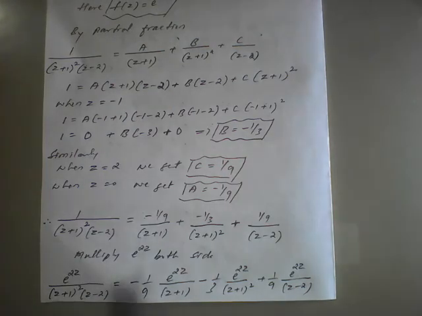We need to multiply both sides. So on the left hand side 1 into e raised to 2z, and on the right, minus 1 upon 9 outside into e raised to 2z upon z plus 1, plus minus 1 upon 3 times e raised to 2z upon (z plus 1) square plus 1 upon 9 into e raised to 2z upon z minus 2. Once we get this, we have to take the integration on both sides.